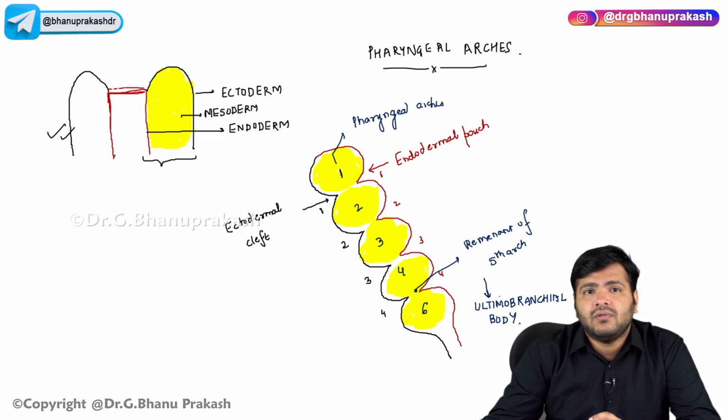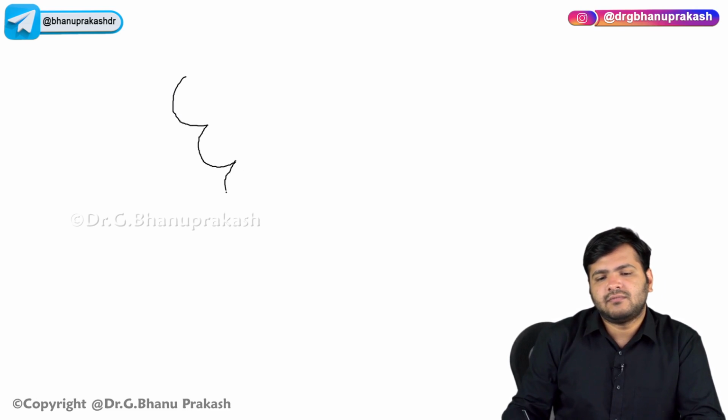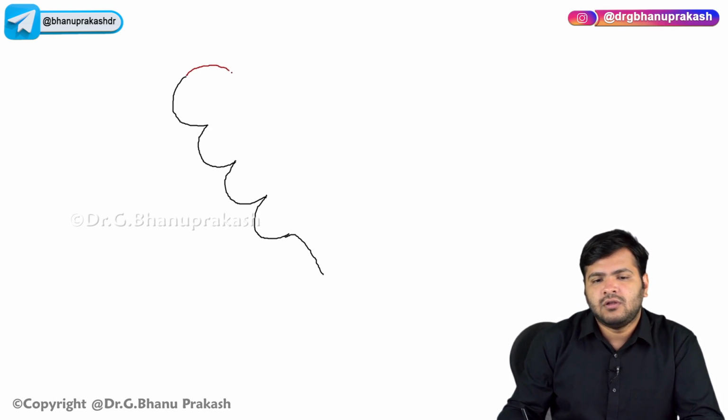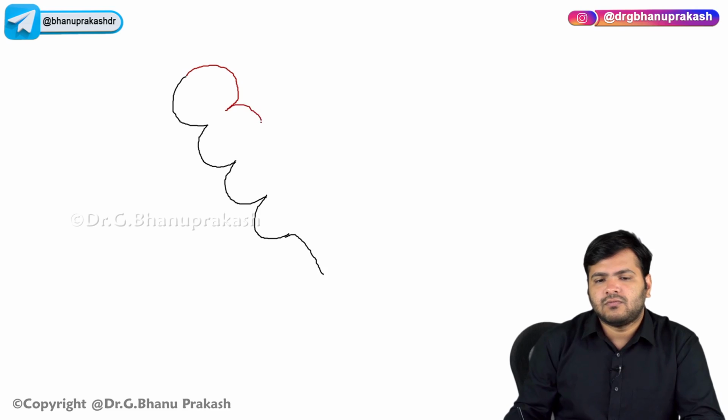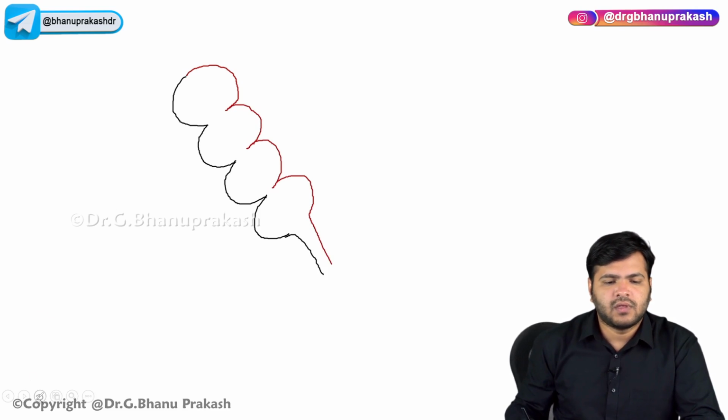So let us draw the same diagram again. We have the ectodermal clefts, right? And we have the endodermal pouches, right? Now, in between we have the pharyngeal arches, right?